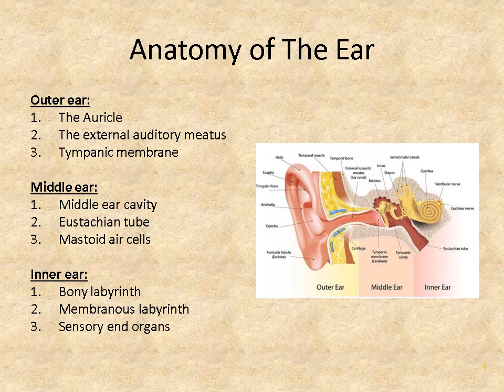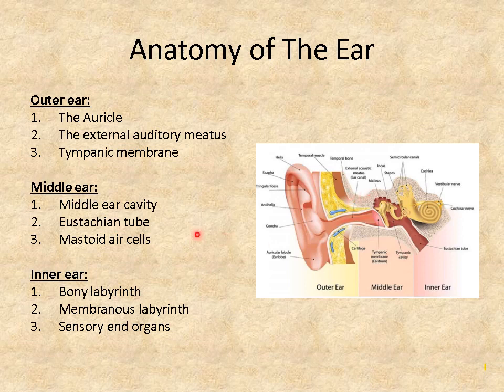Anatomy of the ear. The ear is composed of outer ear, middle ear, and inner ear. The outer ear is composed of three structures: the auricle or the pinna, the external auditory canal, and the drum, whereas the middle ear is composed of the middle ear cavity, anteriorly the eustachian tube, and posteriorly the mastoid air cells.